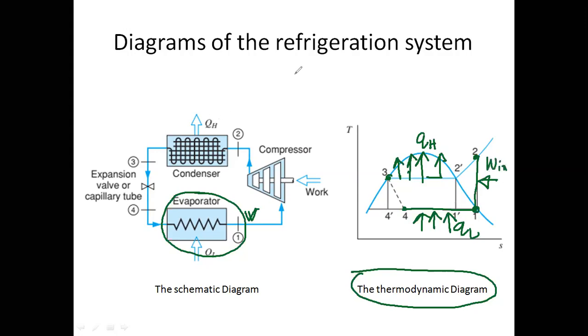As we know, this is the refrigeration cycle diagram. This is TH. This is TL or TC, and we have work input to the refrigerator, actually to the compressor.